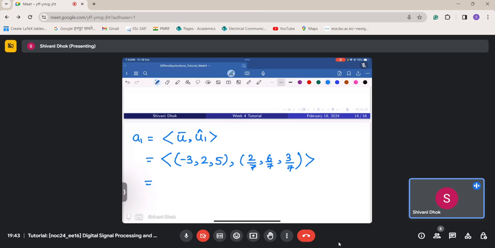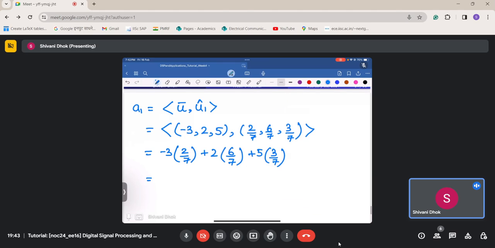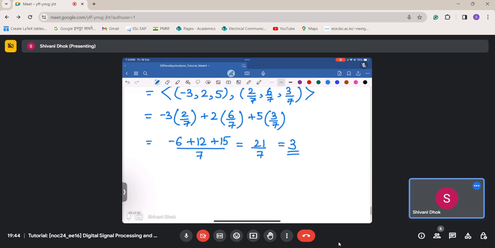So this thing is minus 3 into 2 by 7 plus 2 into 6 by 7 plus 5 into 3 by 7. This is minus 6 plus 12 plus 15 by 7, which comes out to be 21 by 7, which is equal to 3. Okay, so this is my A1.